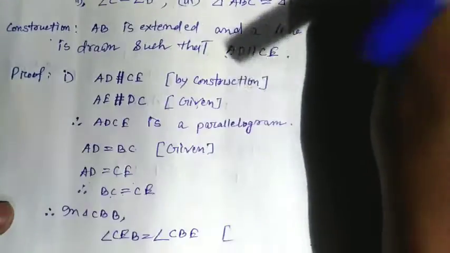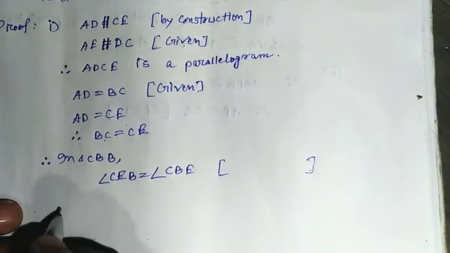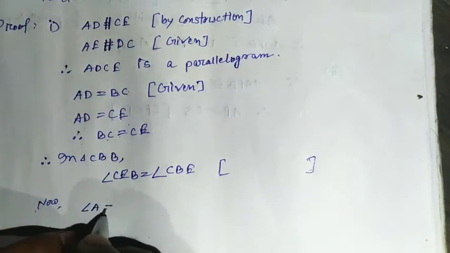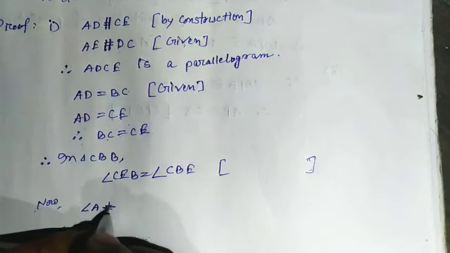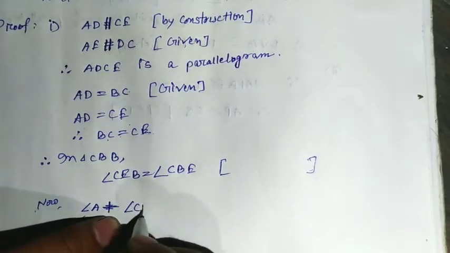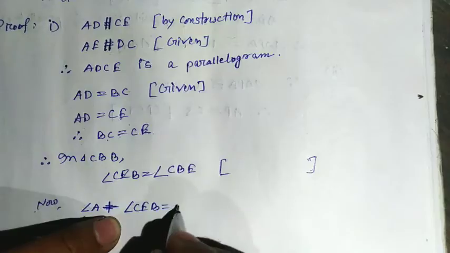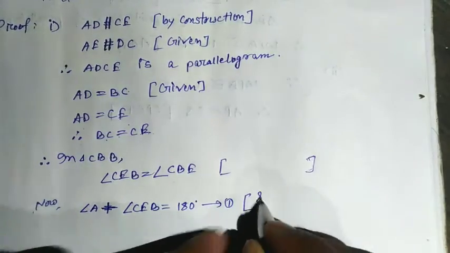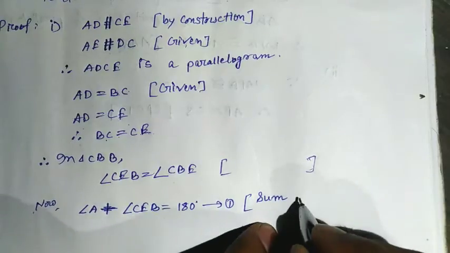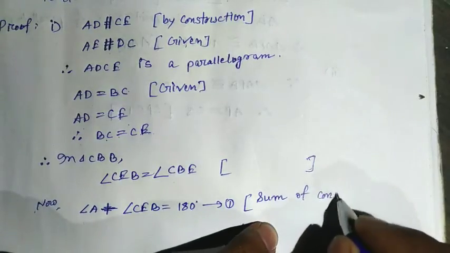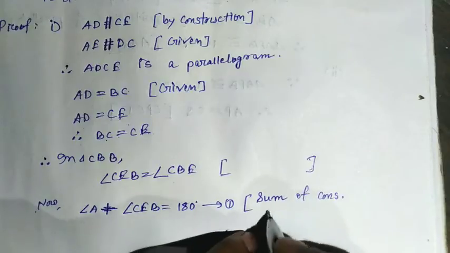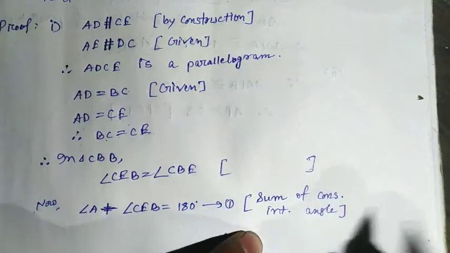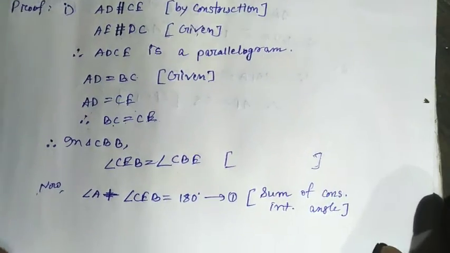So we can write angle A plus angle CEB is 180 degrees. Number 1, sum of consecutive interior angles. You will write it in full form, consecutive interior angles.